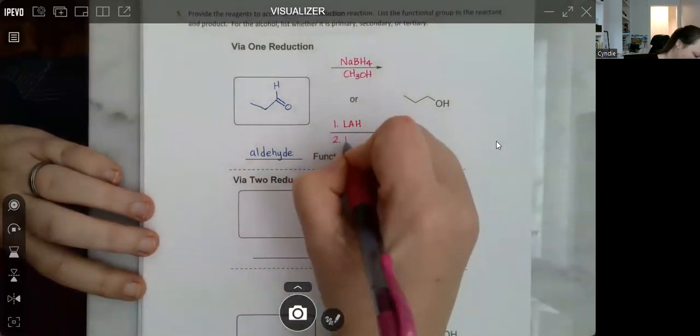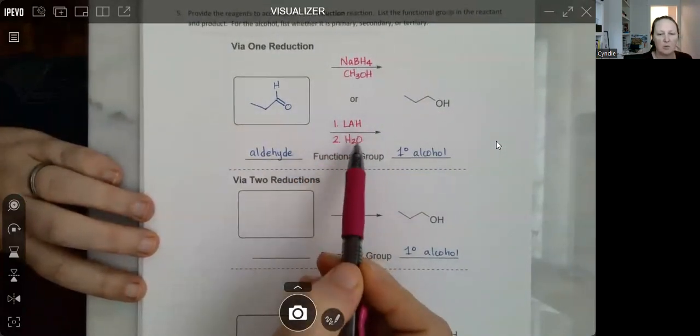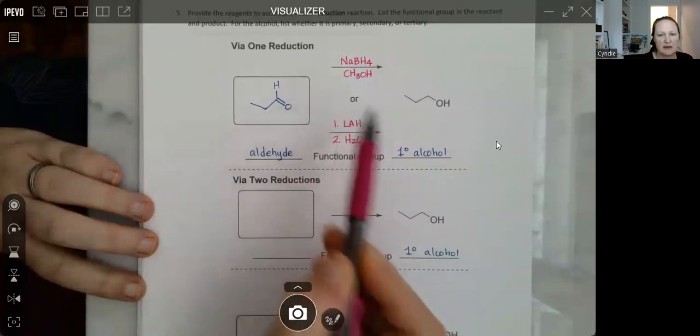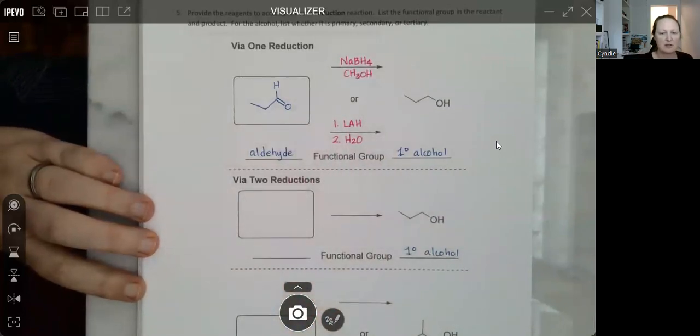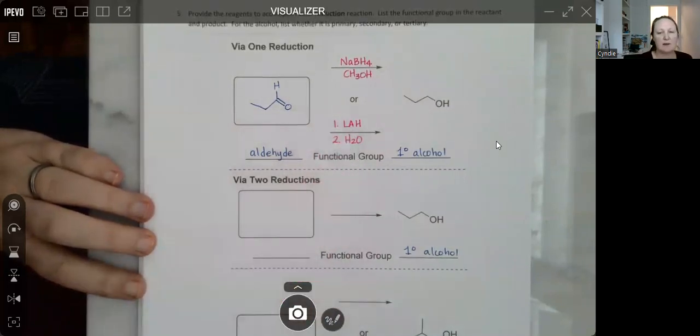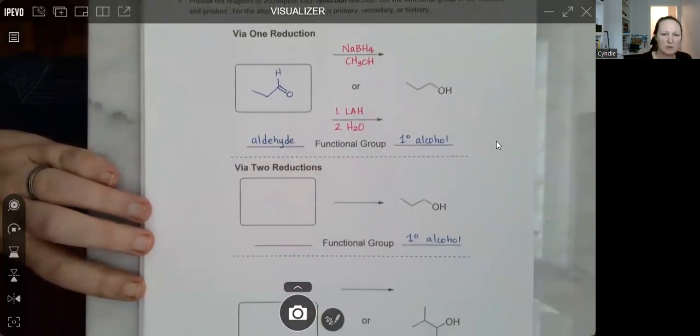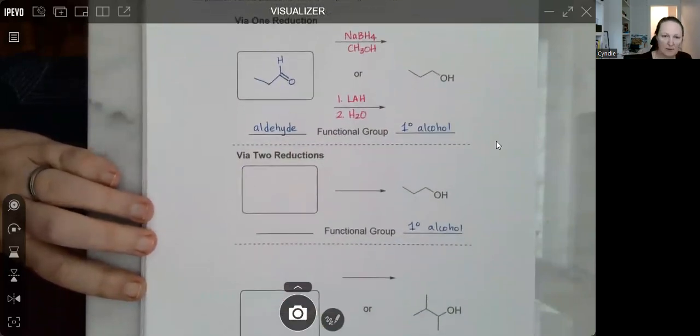And then typically it says 1,2 because we cannot mix in the water until the reaction has taken place. So we need to sequentially add the reducing agent followed by water, because these two would react together if they were mixed in together. Okay, via 2 reductions would be starting from either a carboxylic acid or an ester.